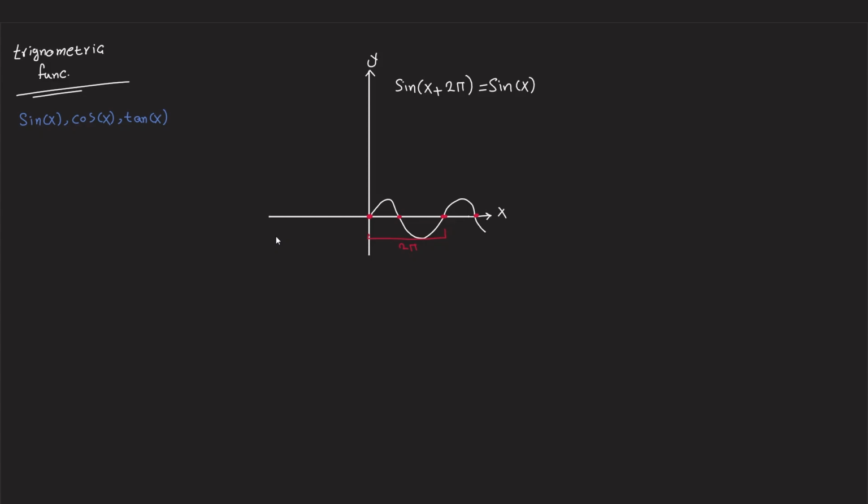A couple of important angles that we should memorize: the sine of 0 is equal to 0, the sine of 30 degrees is equal to 1 over 2, the sine of 45 degrees is equal to the square root of 2 over 2, the sine of 60 degrees is equal to the square root of 3 over 2, and the sine of 90 degrees is equal to 1.